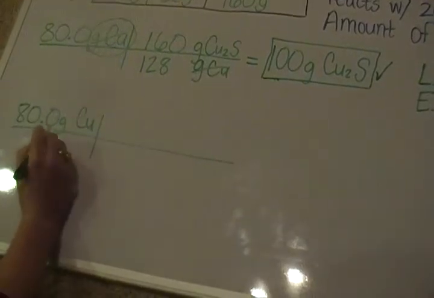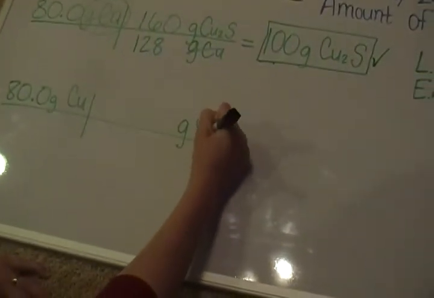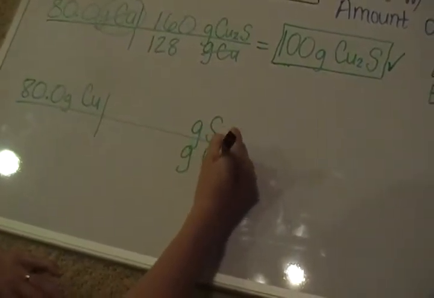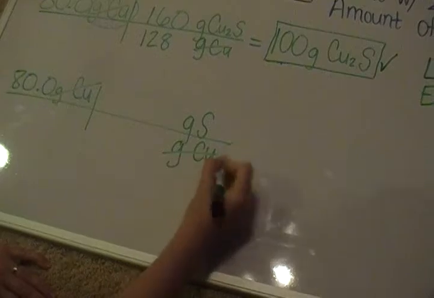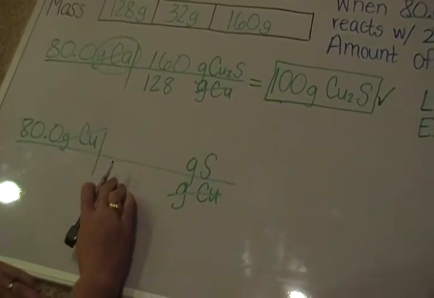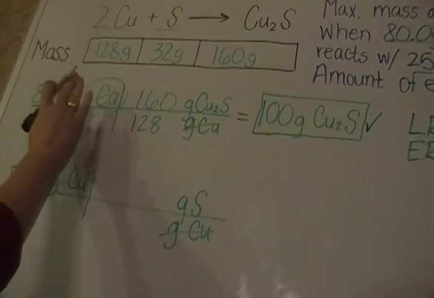And I got that value again from my question. And I'm trying to figure out the amount of excess, which is the amount of sulfur. So I want to find grams of sulfur. I have to be able to cancel grams of copper. I set it up the same way we've been doing that in class. I pulled the numbers from my grams from my chart up here, which is again just based on the periodic table masses.